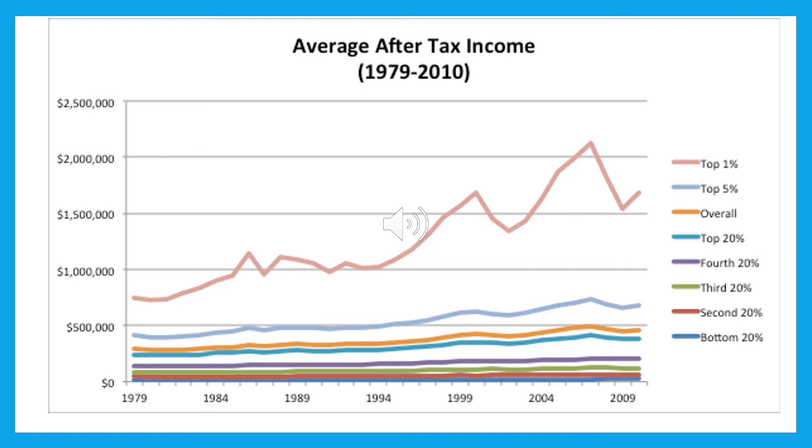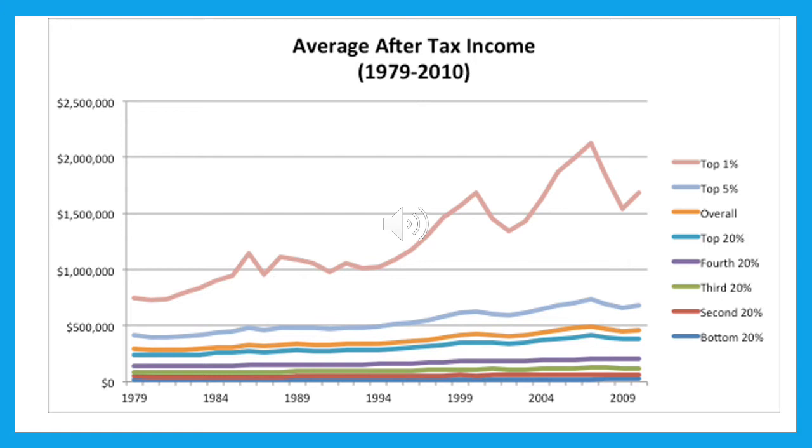Then that orange line in the middle represents all American earners. So this is overall income of all Americans after taxes. The turquoise teal line underneath the orange line represents the top 20% of earners.